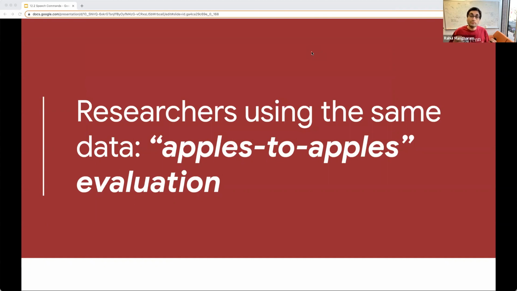So we want to make sure that we have a standard data set. And if we have a standard data set and people are building models, then we can also use that coupling to benchmark different systems.